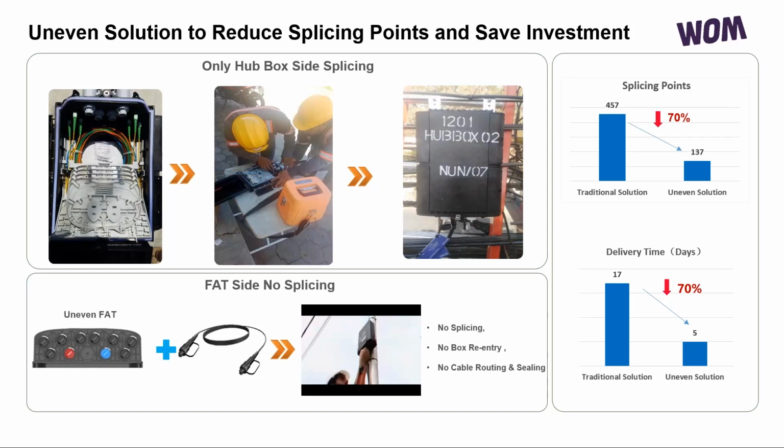At the same time, it benefits from complete decoupling of the optical cable and the box. The box and the optical cable can be deployed at the same time, and the entire installation cycle can be shortened from the traditional 17 days to 5 days, which is a significant reduction of 70%.